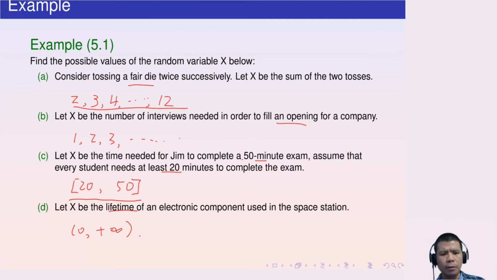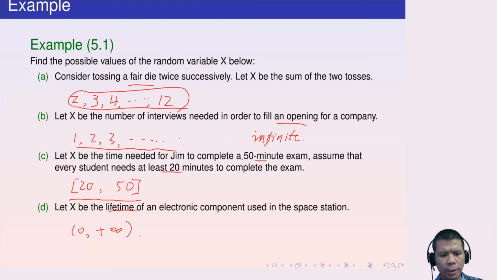Now, for these 4 cases, we see that for part A, there are a finite number of possible values, right? I think there are 11 possible values. And for the second, how many are there? 1, 2, 3 till infinity, right? So I think there are infinitely many possible outcomes.